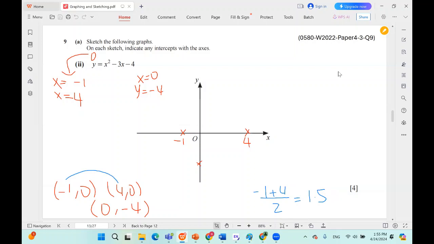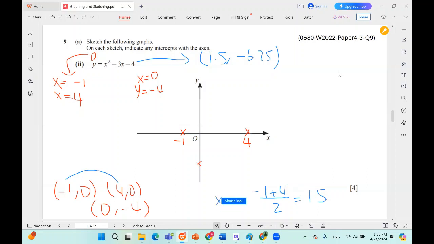Of course, you can put 1.5 into this equation to get the y coordinate. 1.5 squared is 2.25, minus 3 times 1.5, which is 4.5, and then minus 4. So you get negative 6.25. So you understand that roughly the turning point is somewhere here.